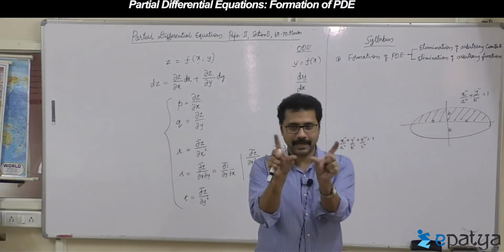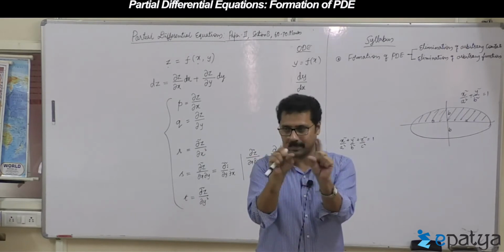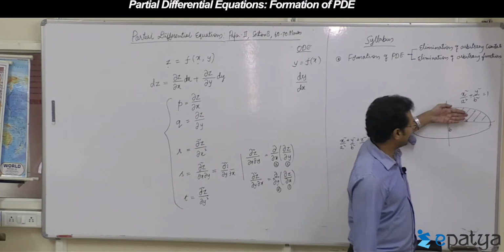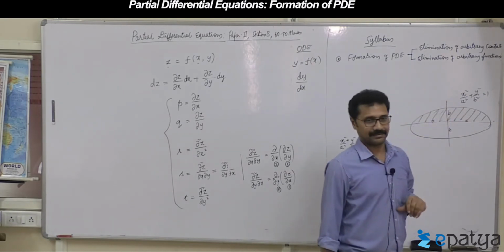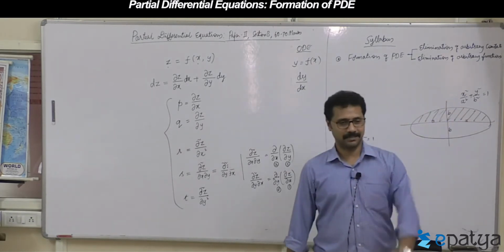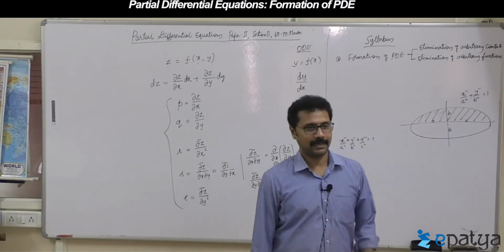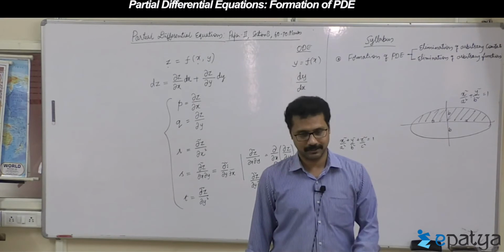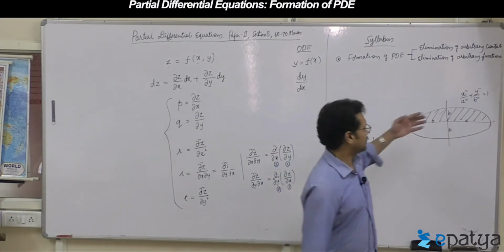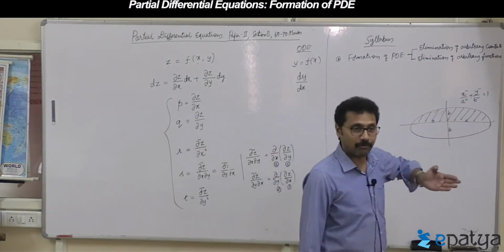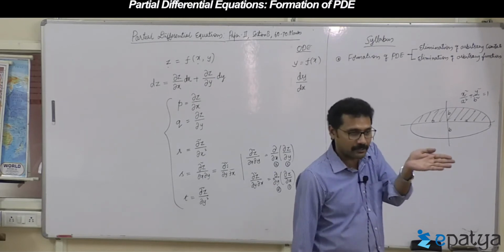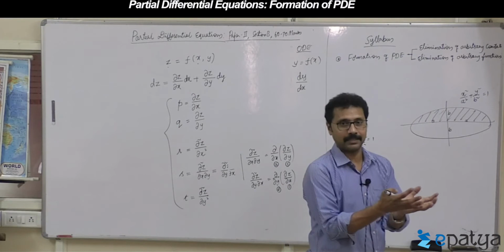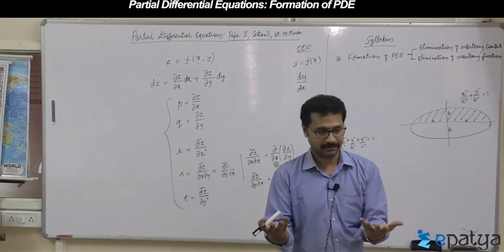That plate, I will rotate about x-axis for 360 degrees. So this plate sweeps a volume and gives me a volume. That is a three-dimensional object now.